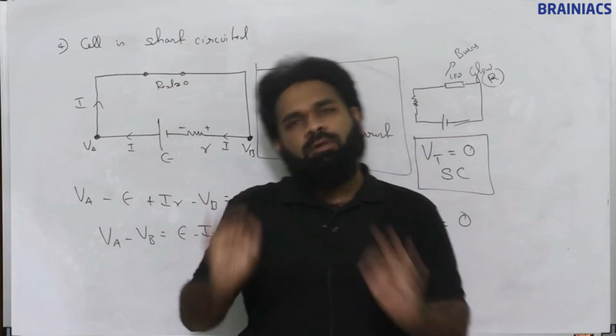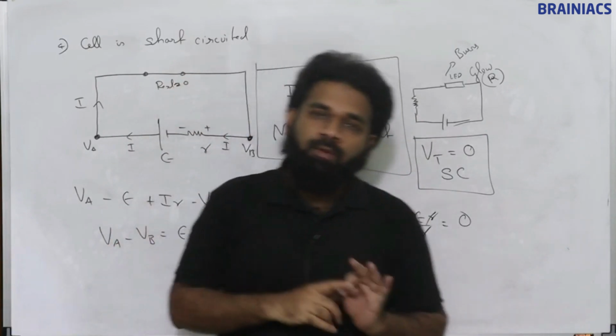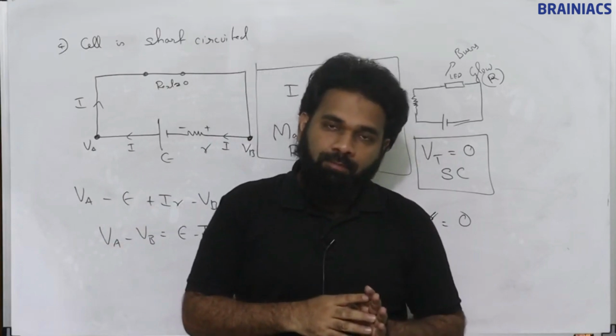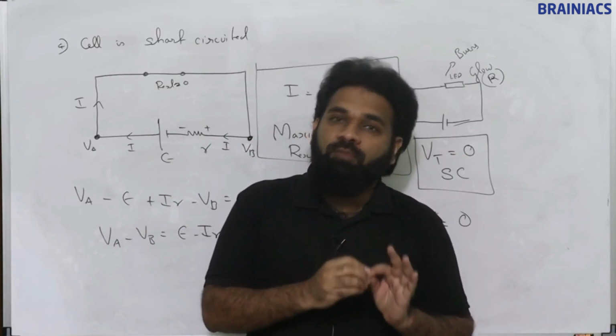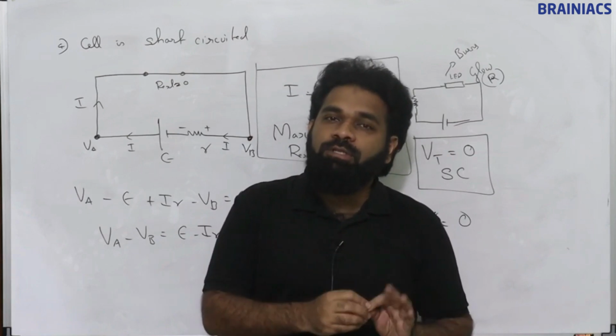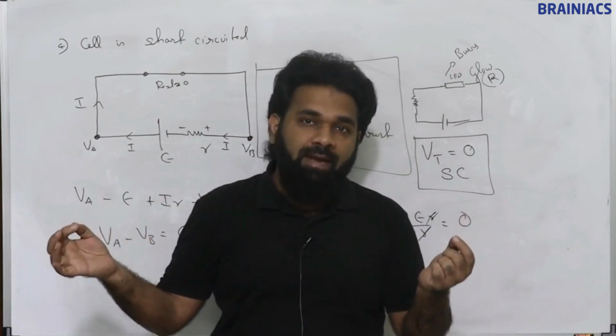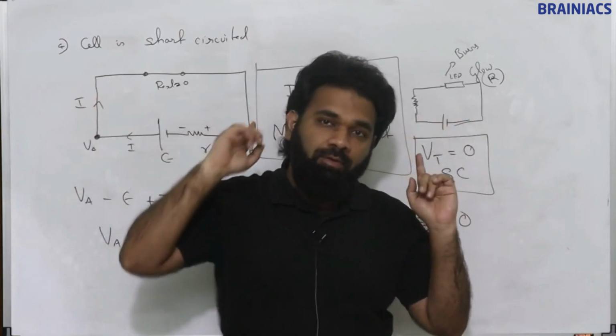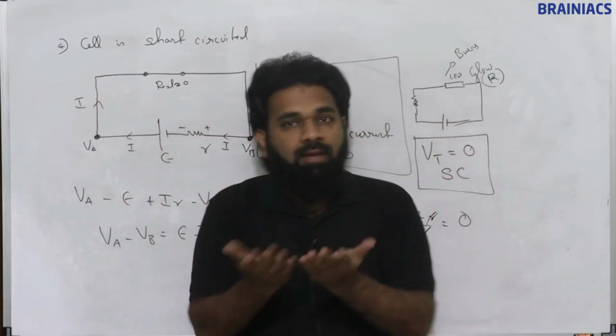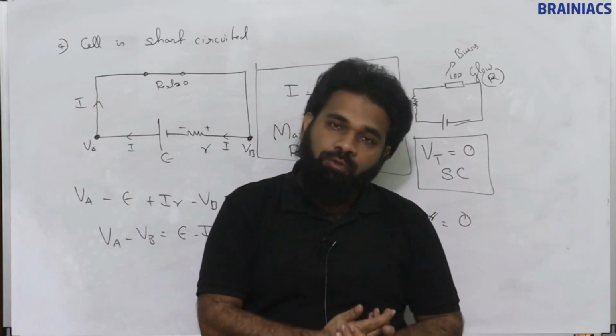EMF is equal to VT when no current is flowing. Then the terminal potential difference is the potential difference across the terminal of the battery, or the same across the terminal of the external circuitry. There could be one resistance, there may be more resistances also.